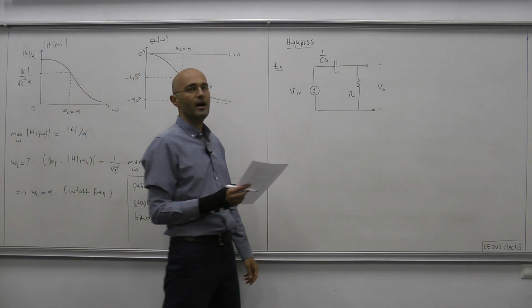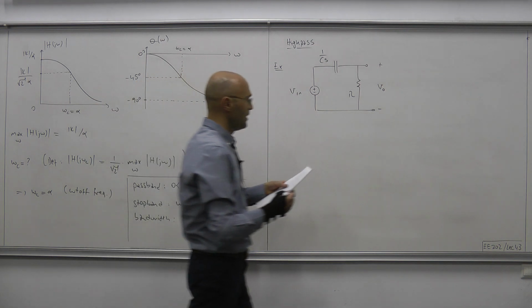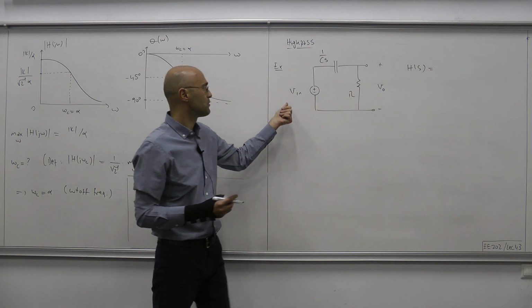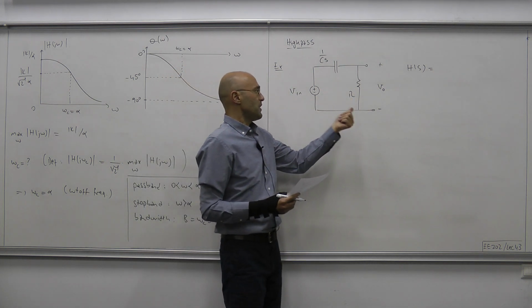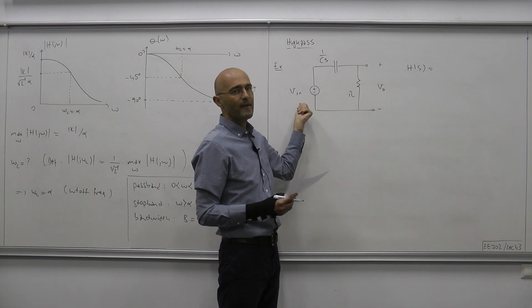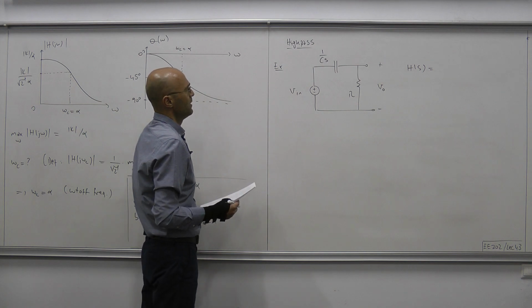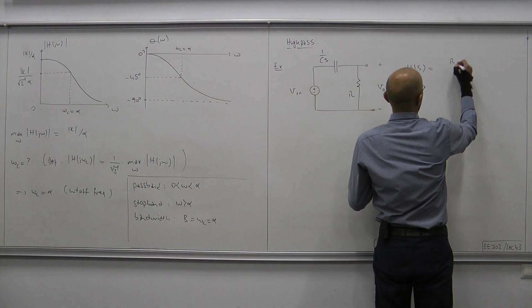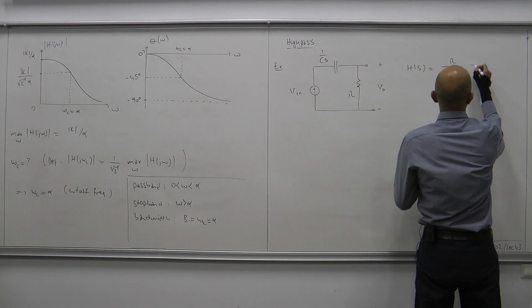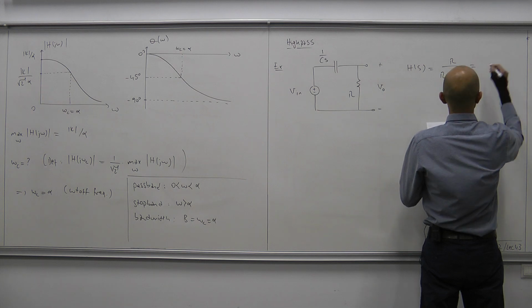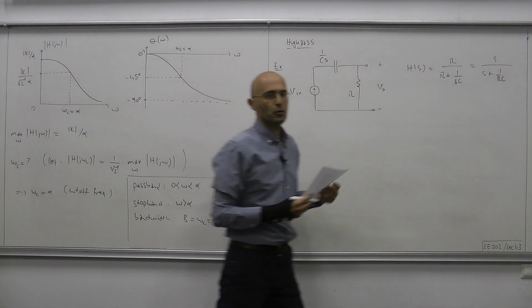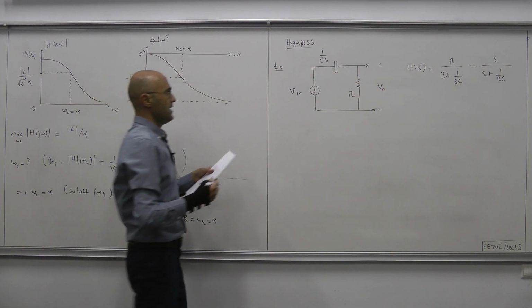Okay, so let's verify this by also obtaining the transfer function. H of S, the transfer function, which is V out of S divided by V in of S, equals, by simple voltage division, R over the impedance seen by the input source, which is R over R plus 1 over SC, and that can be written as S over S plus 1 over RC.